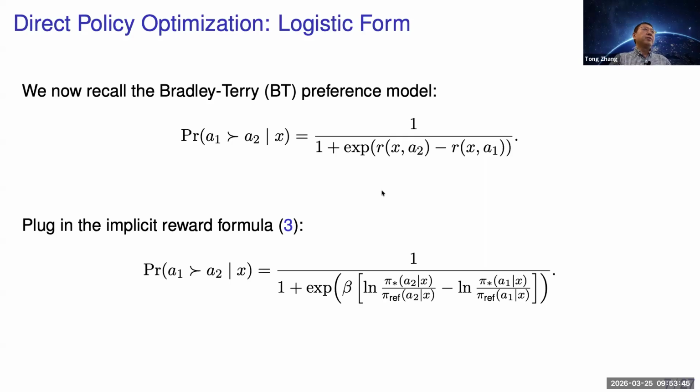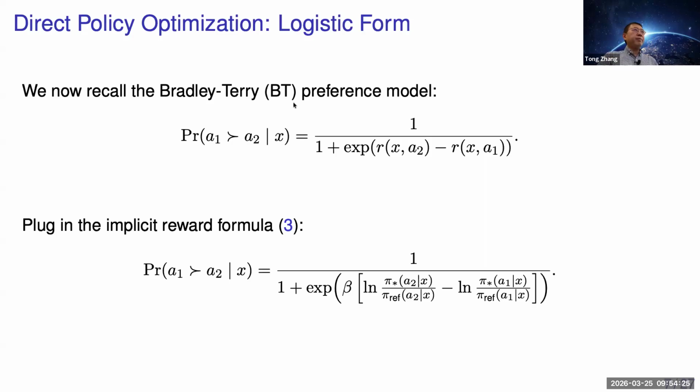Then for your reward model, if my real LLM is like this, you can replace this reward by the implicit reward of your policy. So this is the implicit reward from your LLM policy, and this is the real reward. The idea is we want to use this implicit reward. If pi is trainable, then the implicit reward is also trainable. Then we will train this directly.